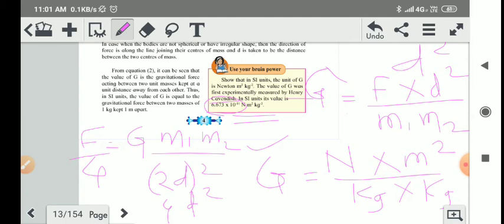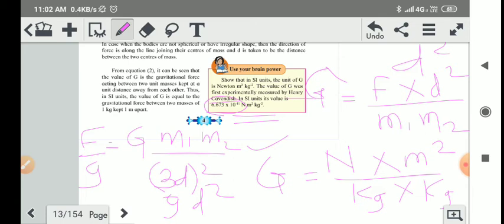Now similarly, if we triple the distance, then this becomes 3d, and squared, 3 square becomes 9 and d square is d square, so 9d square. And as this 9 is divided on the right side, we have to divide the left side F by 9, so force decreases by a factor of 9. Okay, so if we triple the distance, force decreases by a factor of 9.